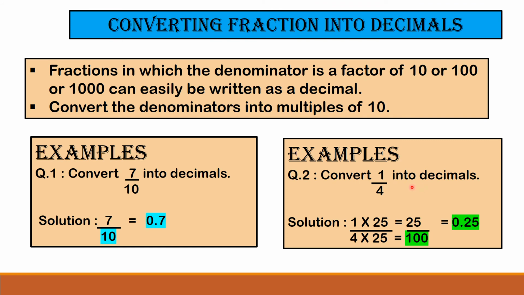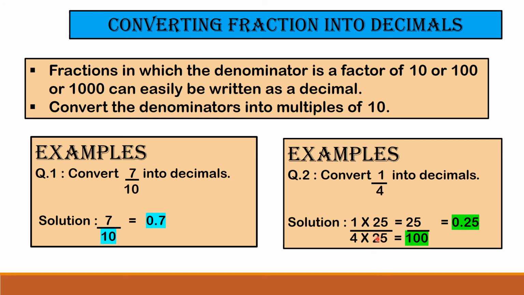Another example, convert 1 by 4 into decimals. Now here you can see the denominator is not 10 or a multiple of 10. So how can you make it 10 or a multiple of 10? Can you multiply it by anything to make a multiple of 10? Yes, you can multiply 4 by 25. If you multiply 4 by 25, you get 100.